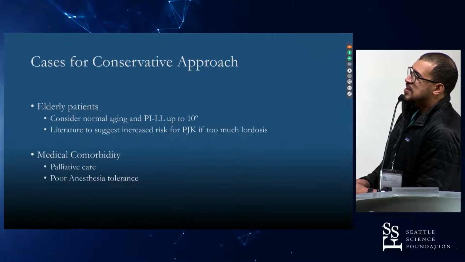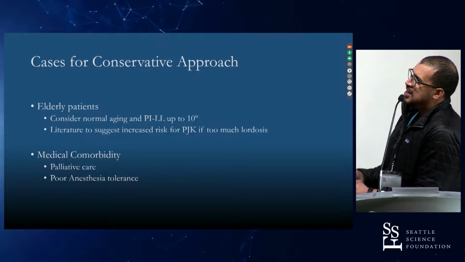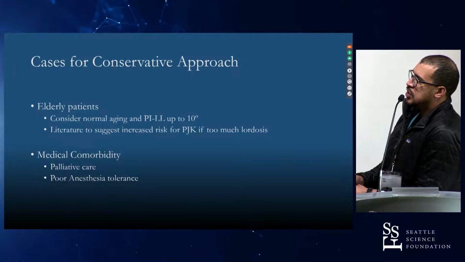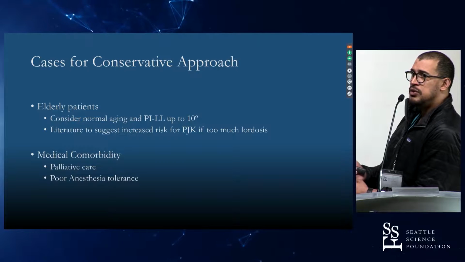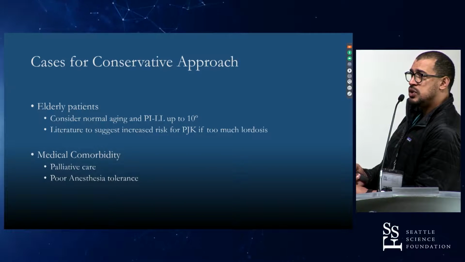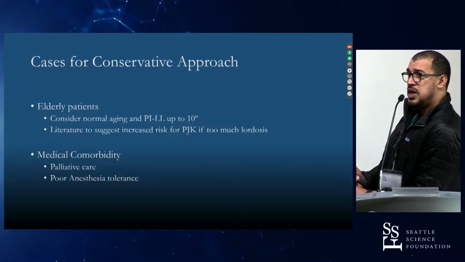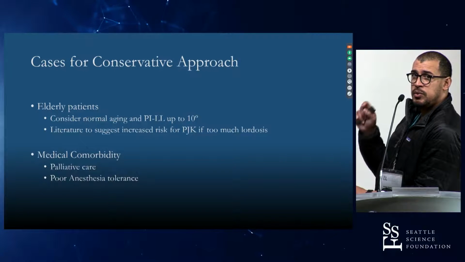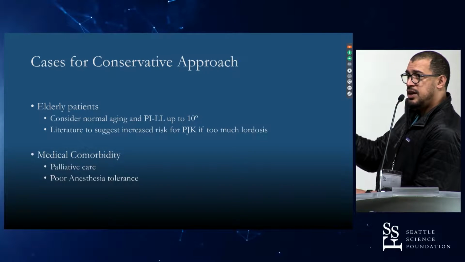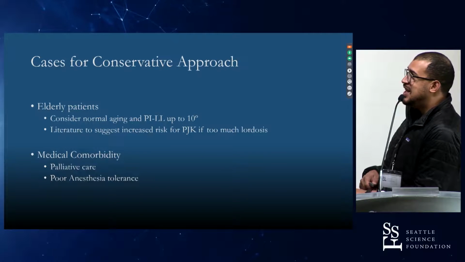So that was, again, cases for a conservative approach. Briefly talked on this earlier, but other things, medical comorbidity. Doing an anterior column reconstruction is a lot more risky. We saw that, coming in with the blade across the vena cava and the aorta is a little bit nerve-wracking, to say the least.